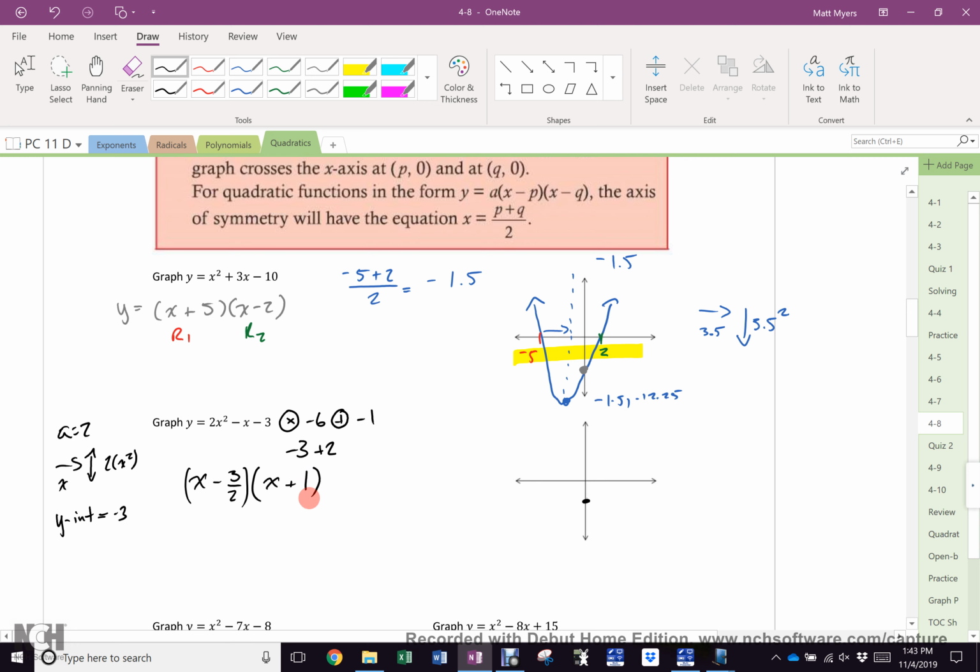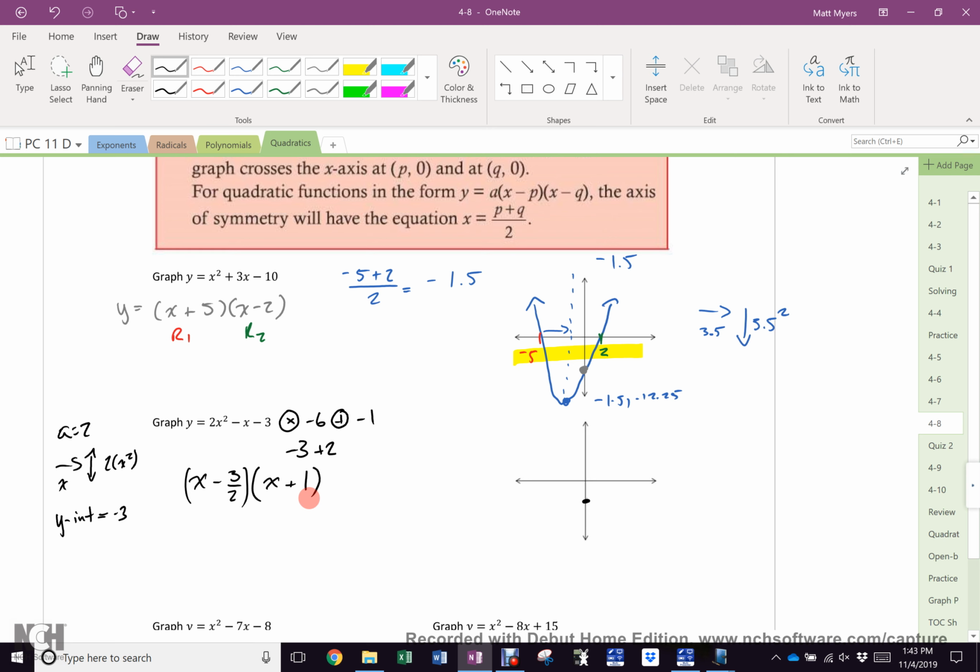Now, normally, what would we do here if we were factoring? We'd slide this forward. Or we would use whatever method we like to use to factor. We would end up with 2x minus 3, yes? Do I need to do that here? No, because I only need the root, don't I? So can I leave this here?